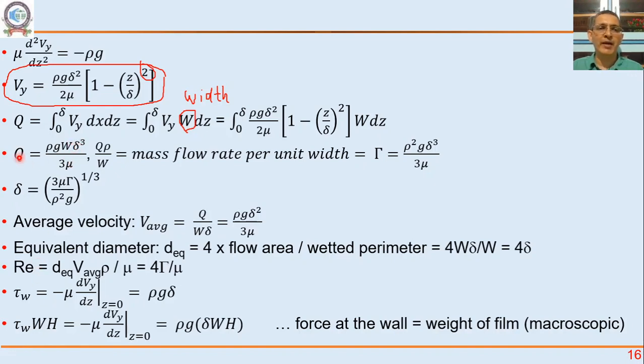I can multiply this by rho and divide by w. I will get Q rho by w. That's called mass flow rate per unit width. It is denoted by a symbol gamma. It is very important in heat transfer when you start doing heat transfer. Gamma would be rho square g delta cube divided by 3 mu. Remember, this gamma is mass flow rate per unit width, kg per second per meter, SI unit.